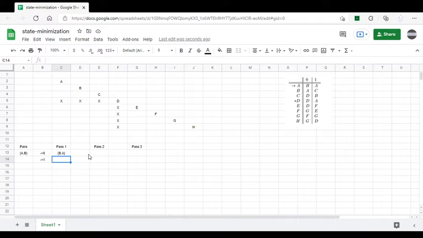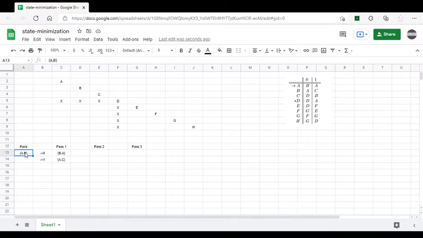Alright, so I'm at A and I read a 1. Where does that take me? That takes me to A. And this is what confused me earlier. Now I'm at B and I read a 1, it takes me to C. So each one of these you have to have this pair, right?